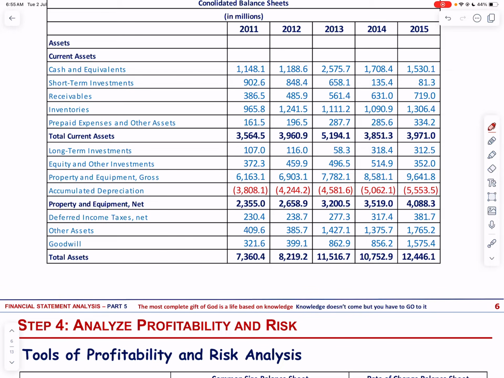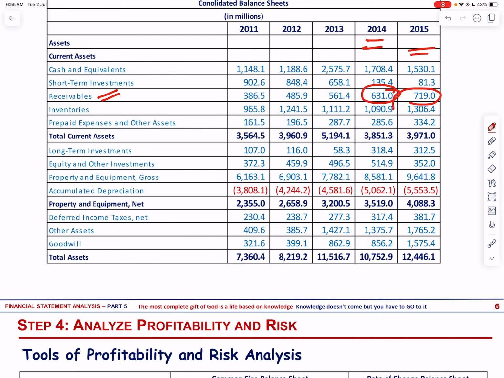For example, you can see that the receivables were 631 million in the year 2014 and 719 million in 2015.